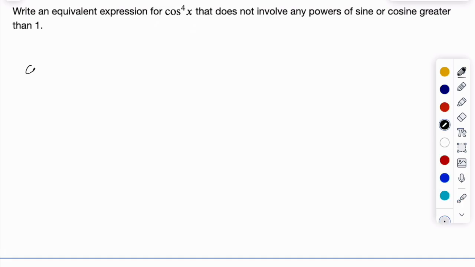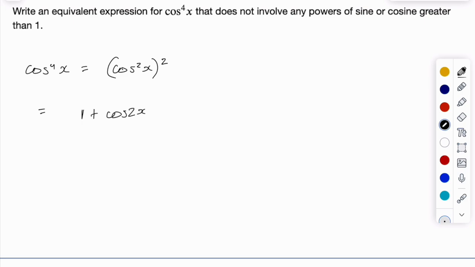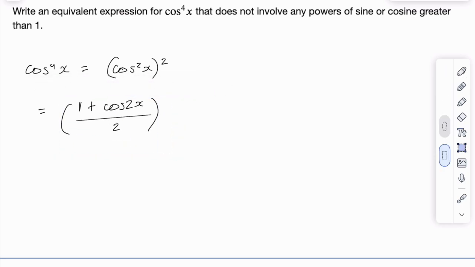So cos to the power 4x equals what? Break it down. It's cos squared x, all squared. Now what is cos squared x? Cos squared x is equal to 1 plus cos 2x over 2, squared. Brilliant. Now let's expand this out even further.